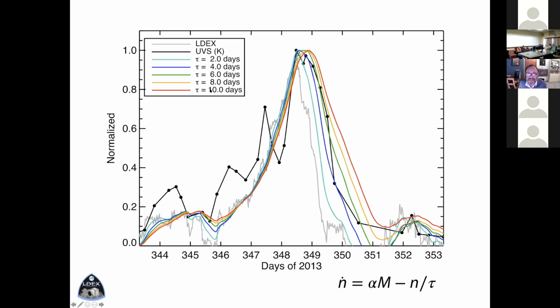It turns out that it's about 5 days or so, the correlation between the impact rate seen by LDEX and the potassium density recorded by UVS shake hands. So for potassium production, dust impacts to the surface must be more important than for sodium. It could be that sodium has a much longer lifetime, or sodium is doing something different as it bounces on the surface than potassium does.